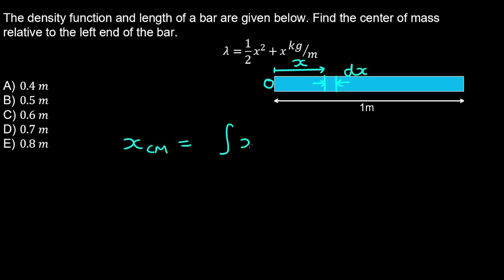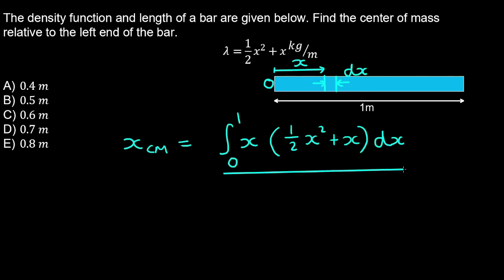So we have x by the density function, which is 1/2 x squared plus x. And given this is a linear density function, we integrate over x. And we're integrating from x equals 0 to 1 meter. And that's divided by the total mass of the bar.